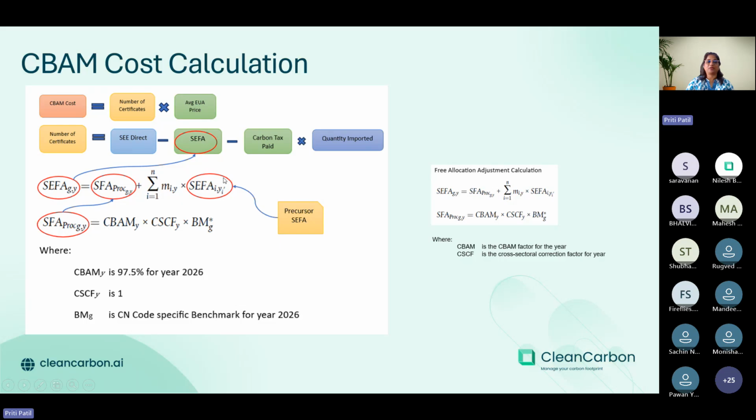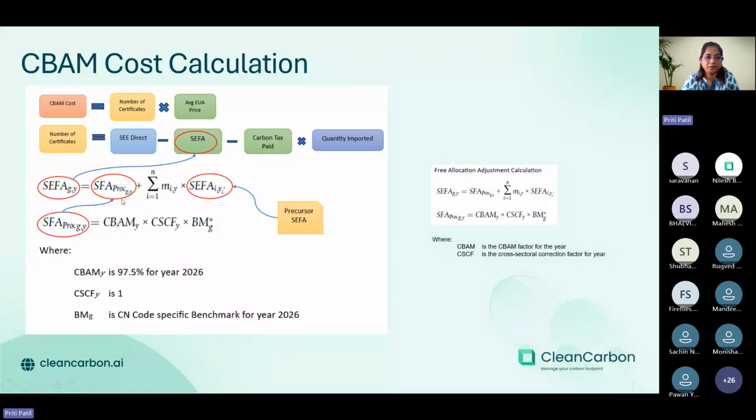But for precursors, you don't get the benefit of the entire amount. You get it based upon the mass ratio of the precursor. For example, if for 1 ton of production you are using 1.3 tons of precursor, then 1.3 into precursor SEFA is what you get the benefit of free allocation. So this is products and this is precursors. Both are added to get the final total specific embedded free allocation.